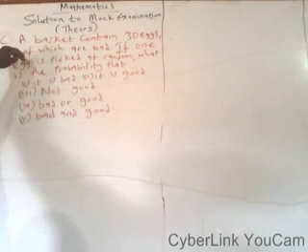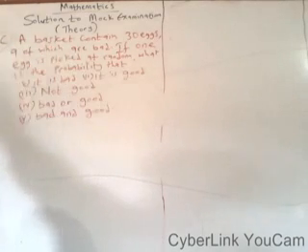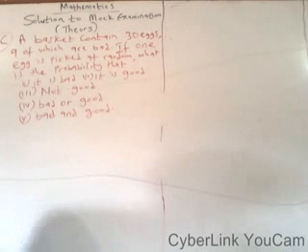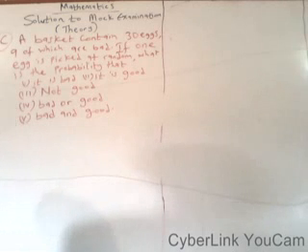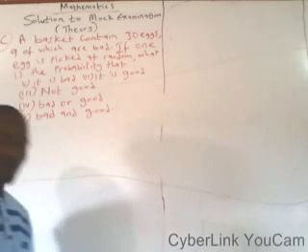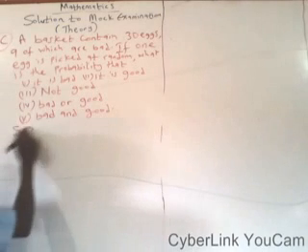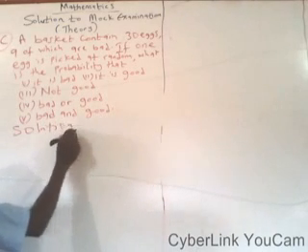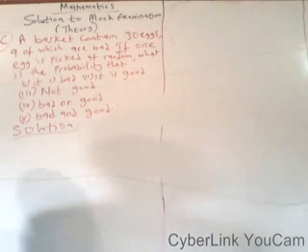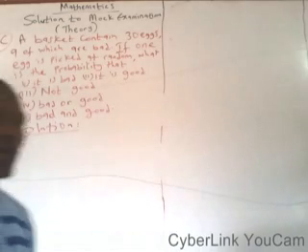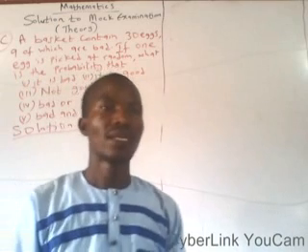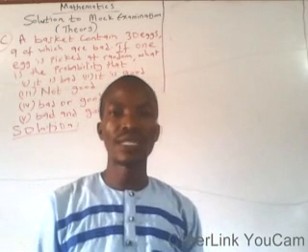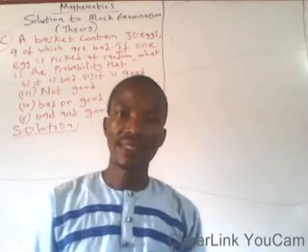If one egg is picked at random, what is the probability that it is a bad egg, a good egg, not good, bad or good, bad and good? Now you start your solution. The first thing you must let us know is the total number of eggs that we have. The total number of eggs is 30.